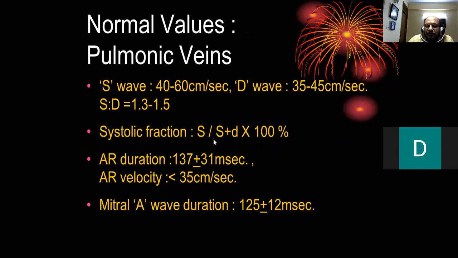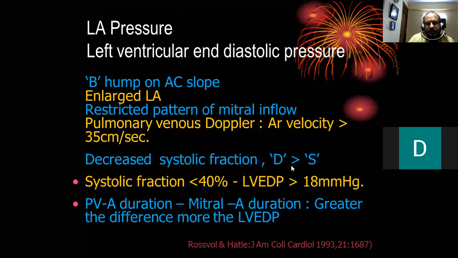So we look at the S wave VTI, we look at the S plus D wave VTI, S divided by S plus D into 100, that gives you the systolic fraction. AR duration, AR velocity, then mitral A wave duration. Why I'm trying to show all these things is in case, in 2020, based on the parameters of 2016, we are not able to classify those patients, we come back to these pulmonic veins and deceleration time for their evaluation.